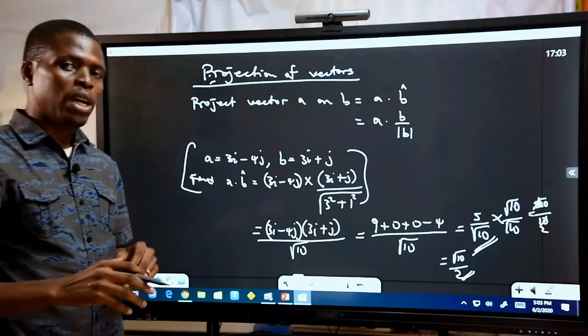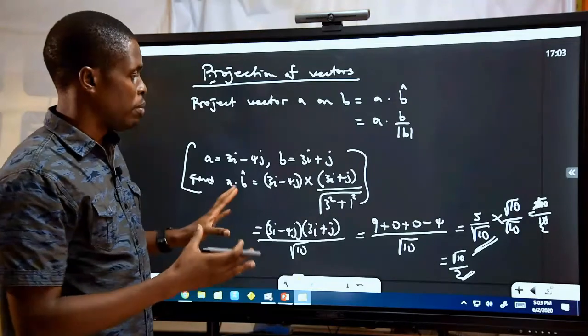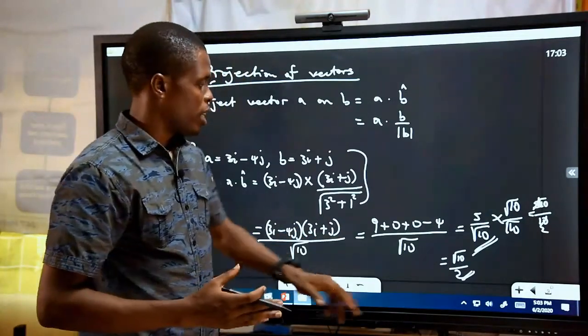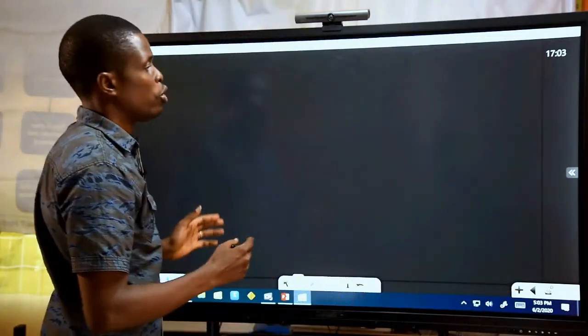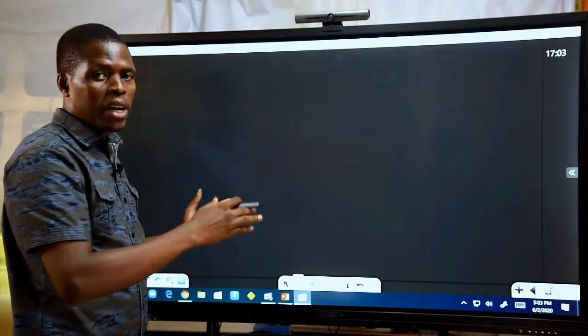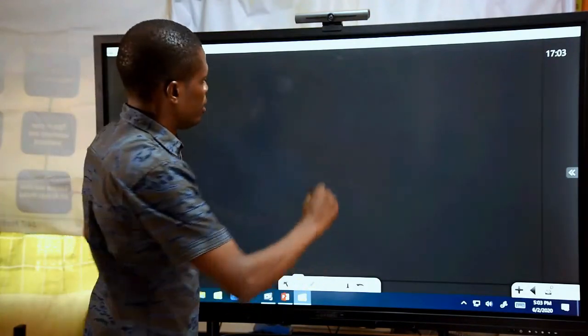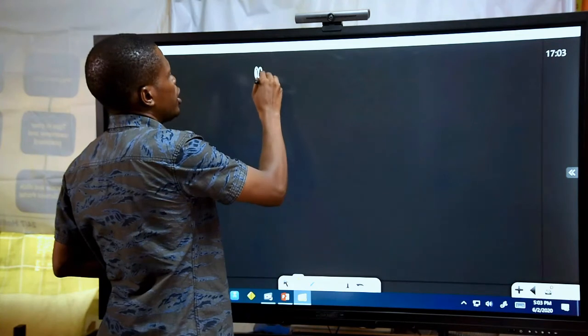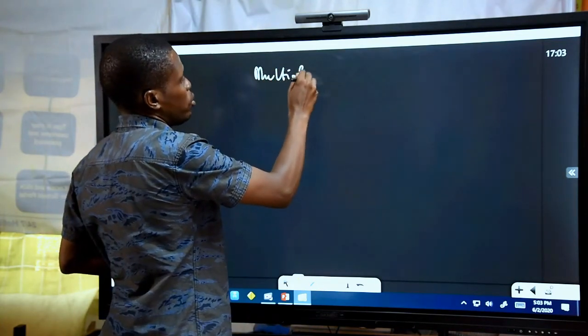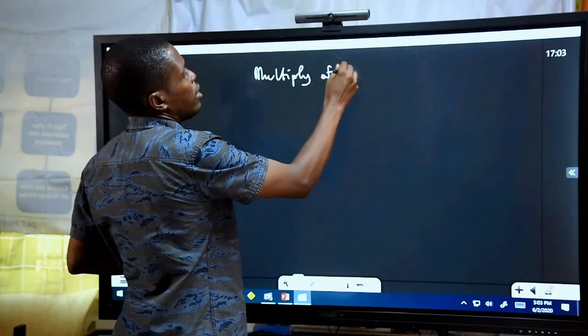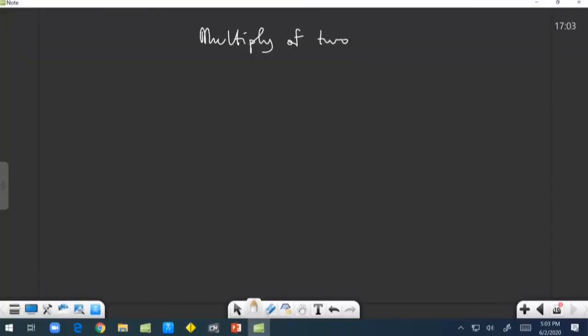The other aspect we are looking at has to do with multiplication of two vectors. Okay, to multiply two vectors, you need to consider the parameters in terms of i and j function. So when we multiply two vectors, you must take note of the parameters.